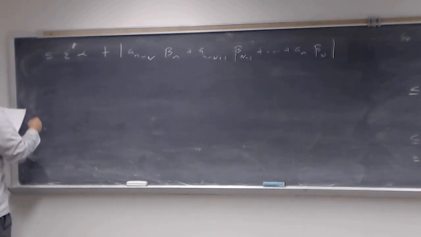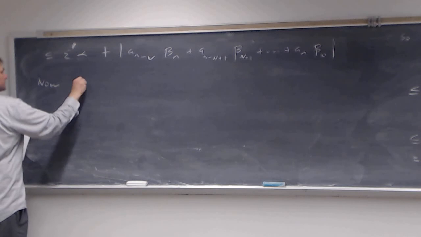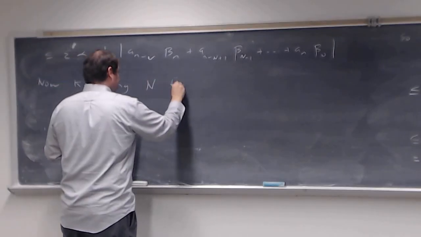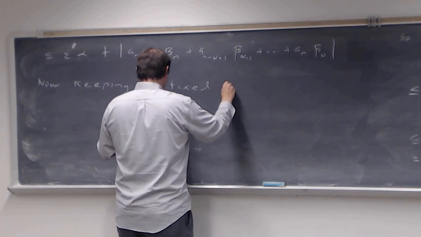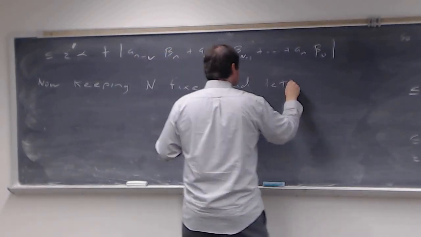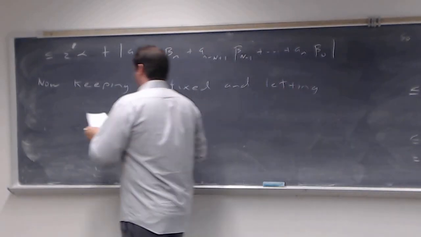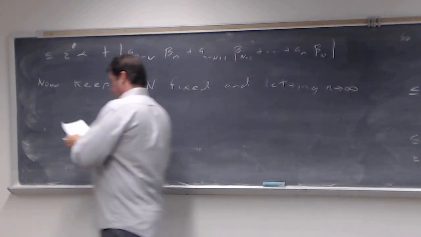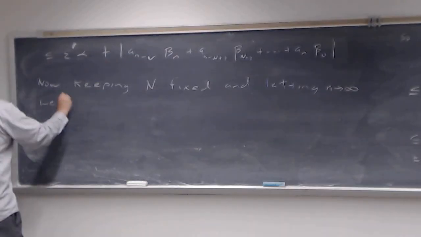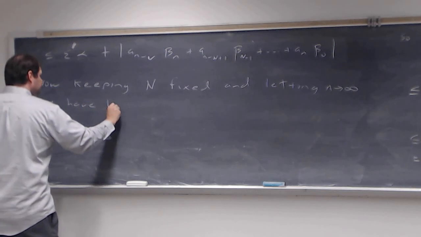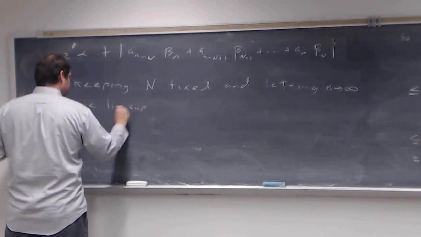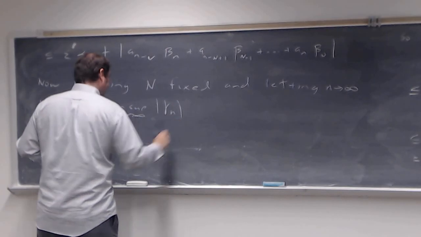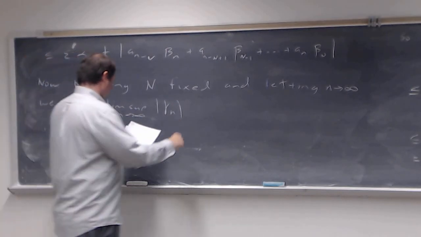Okay. Now keeping big N fixed, and letting little n go to infinity, we have the lim sup as n goes to infinity of the norm of gamma sub n. Remember, that's the guy we want to show goes to 0.